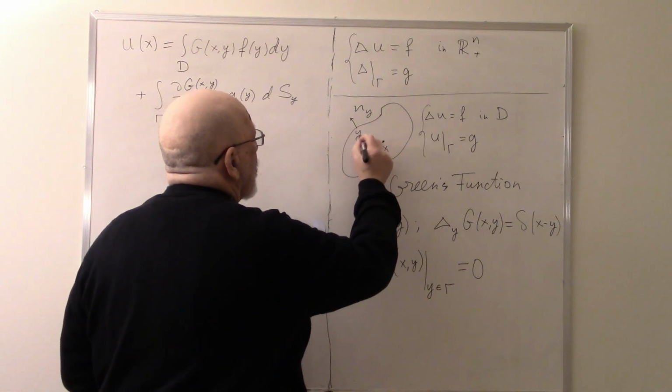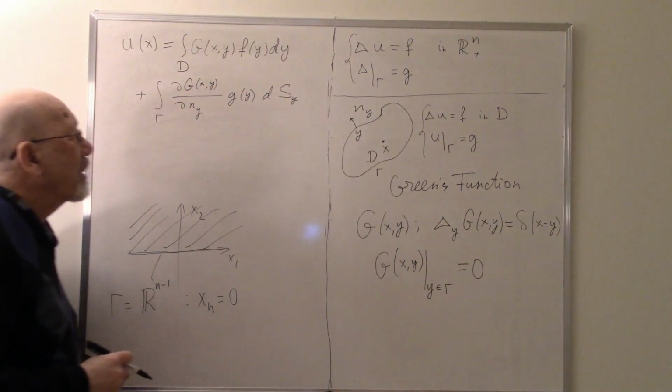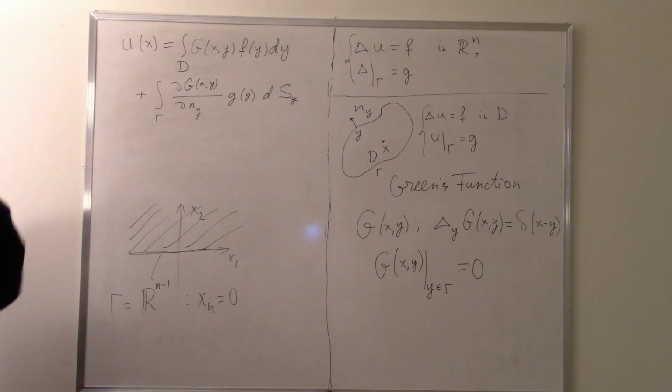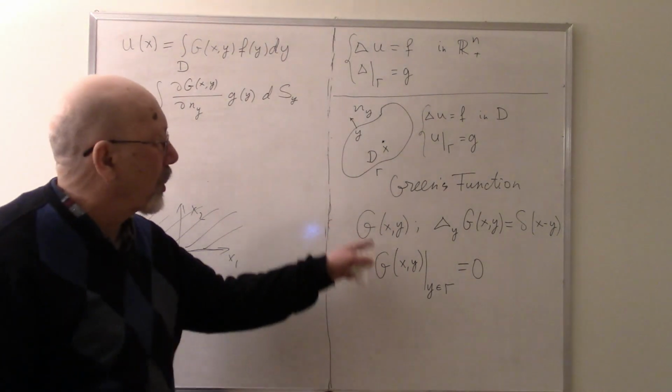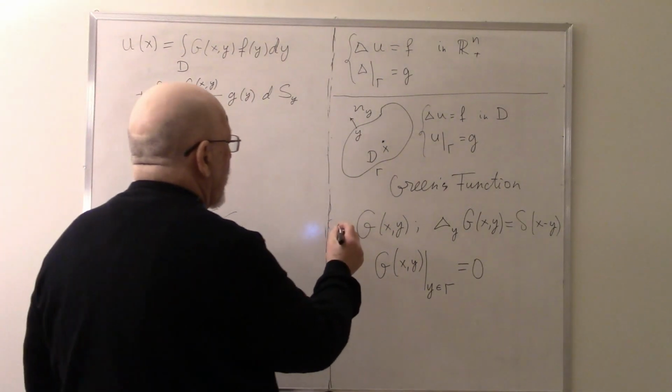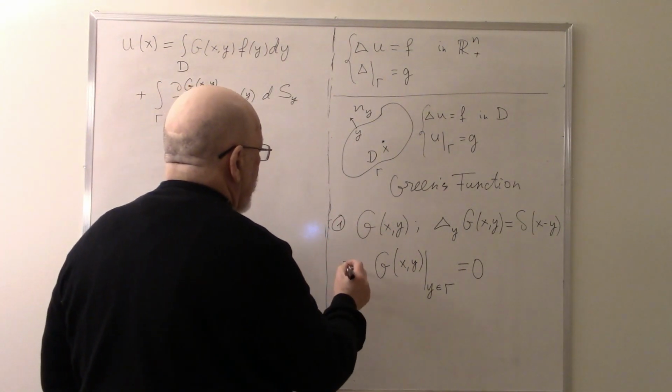So this is the point y on the boundary. And this holds when the Green's function g satisfies these two conditions, condition 1 and condition 2.